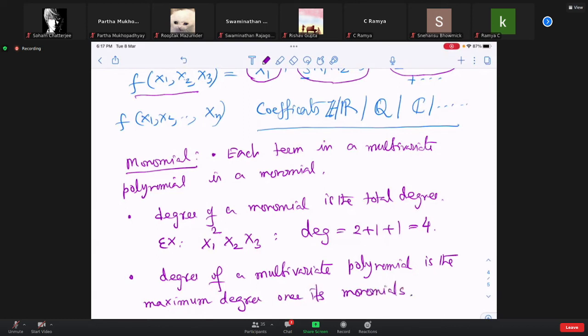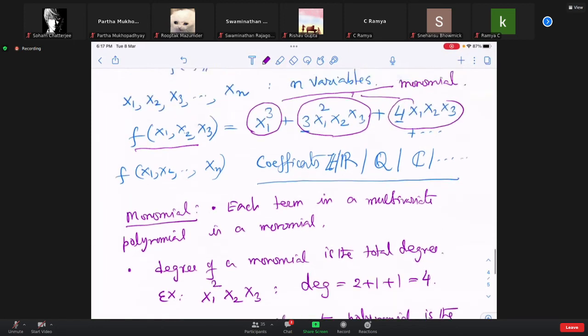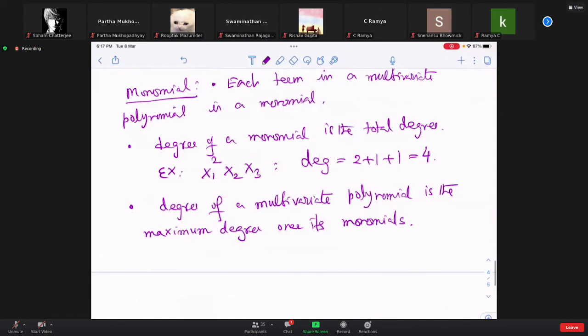By the way, I went through the basics of trees a bit fast, but you can always go back and look at it. And if something is not clear, ask me next class, because I planned it and then could not accommodate it, so I just went a little fast on the very basics of trees. But these I'm going more slowly. So the degree of a multivariate polynomial is the maximum degree over its monomials.